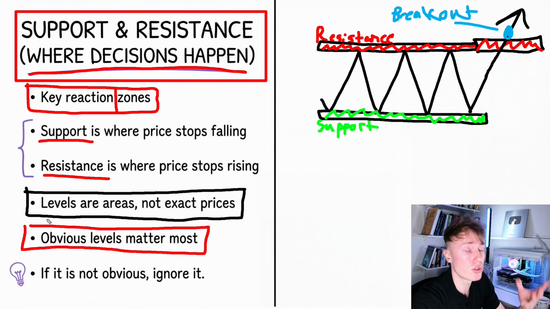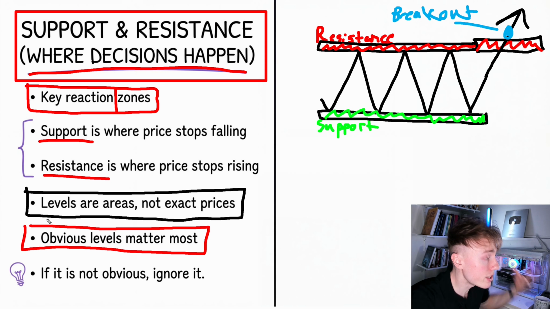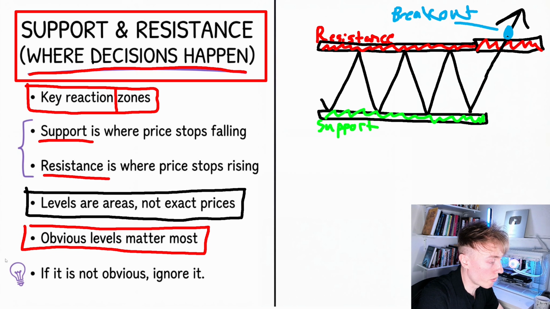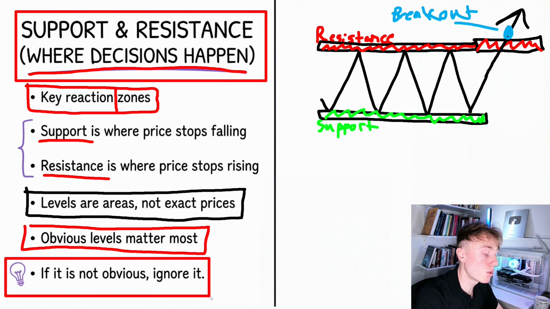The reason we're even drawing support and resistance levels in the first place is to make the chart easier to read, not harder to read. So a good rule of thumb here is that if the level is not obvious, ignore the level. Most levels, especially for beginners, should be ignored. Focus on the most important levels.